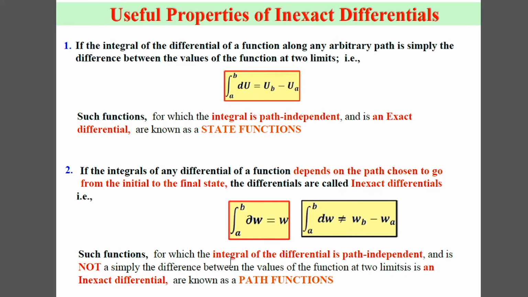Such functions, for which the integral of the differential is path dependent, depending on how you carry out the change, and which is not a simple difference between the values of the function at the two limits, have an inexact differential, and it is a path variable or path function.